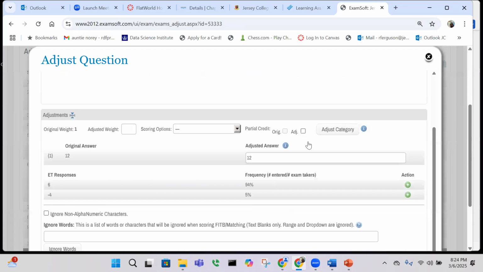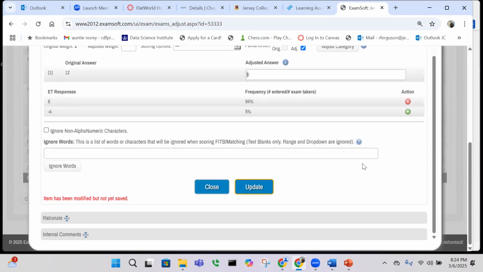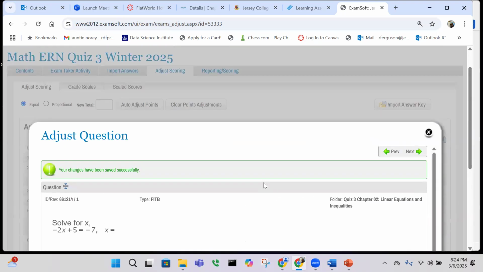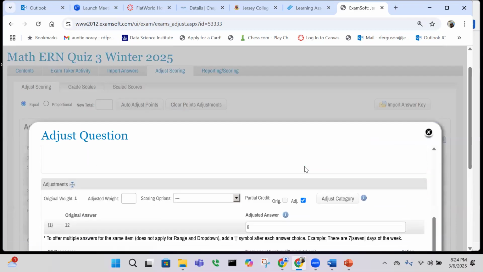And I'm supposed to make that right. Hit adjust score. I'm gonna get rid of 12 altogether. And that should be the update. All right. Okay.